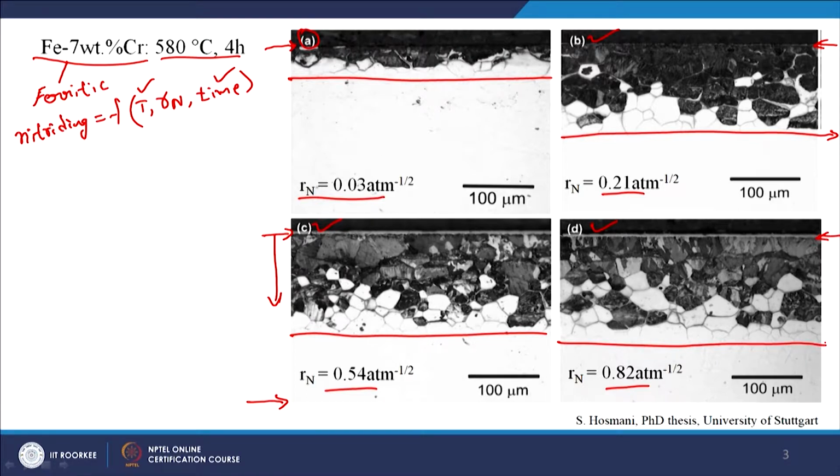That means that increasing the nitriding potential in the atmosphere implies that we have an increased amount of ammonia in the gas mixture.